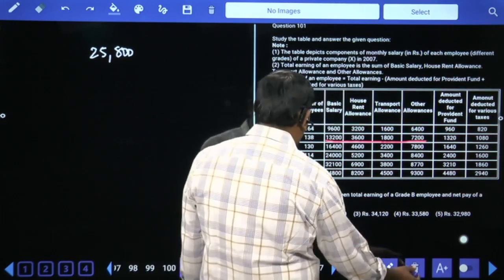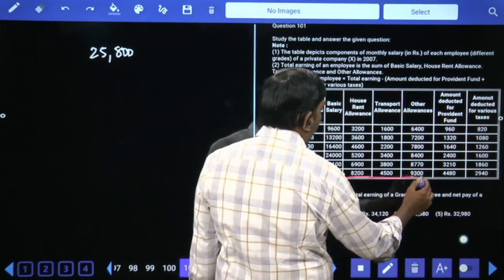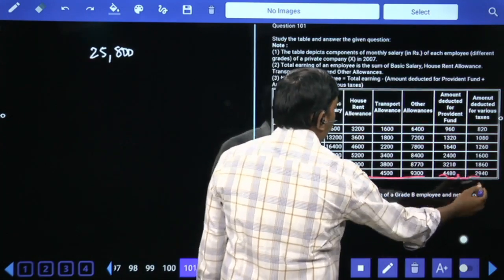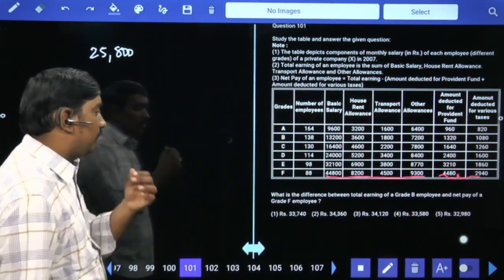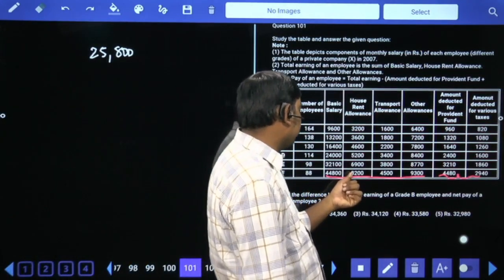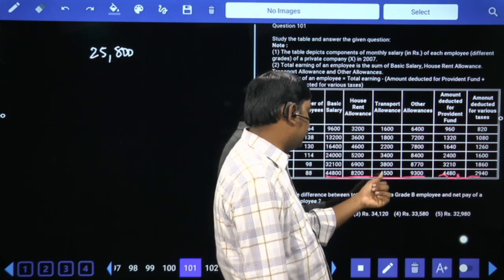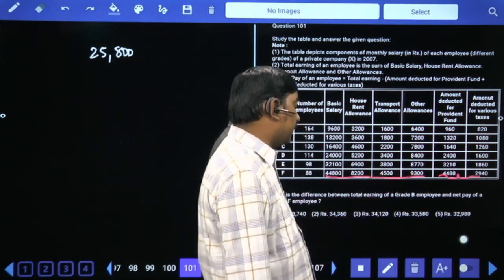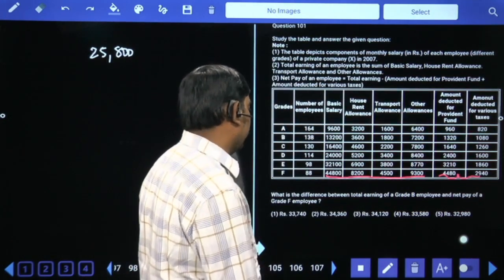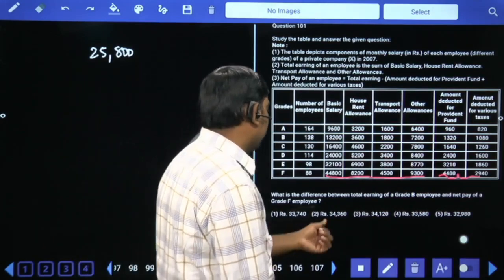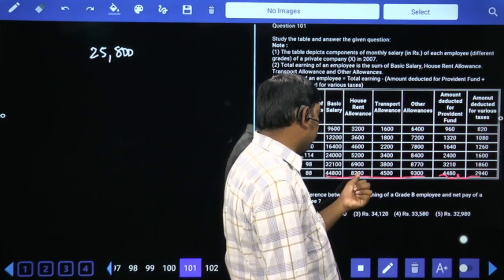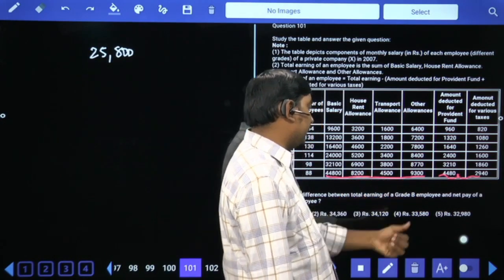Then F employee net salary means total earnings minus deductions. So total earnings are 44,000, 8,000, 52,000, 4,000, 56,000, plus 9,000, 65,000, plus 800, 65,800 plus 1,000, 66,800.